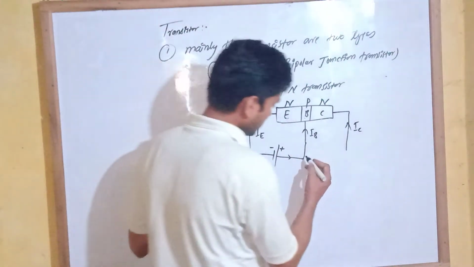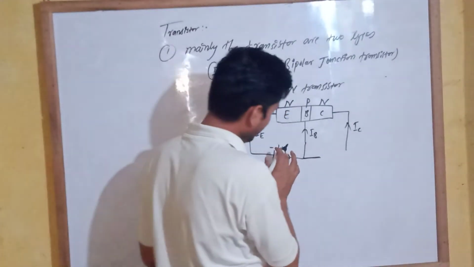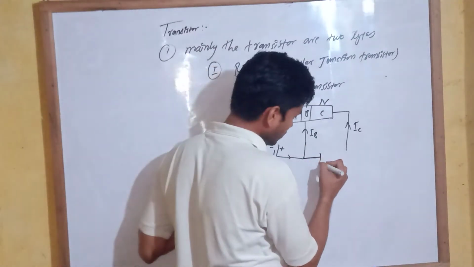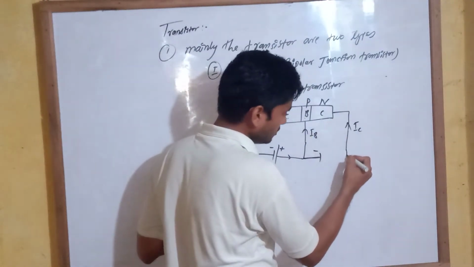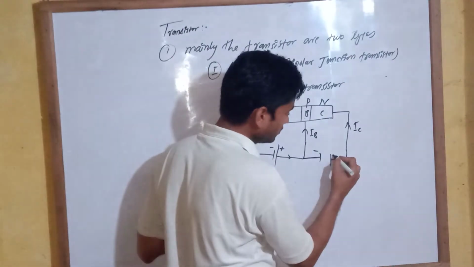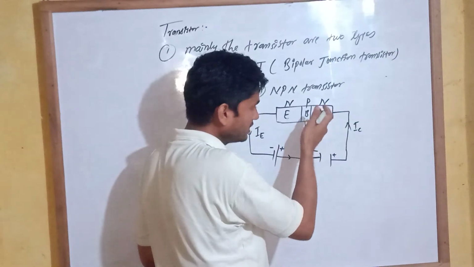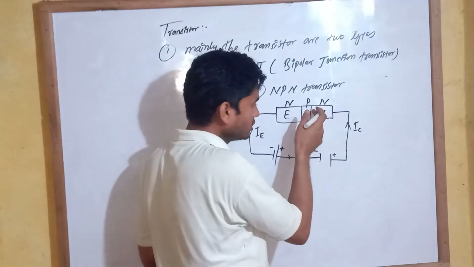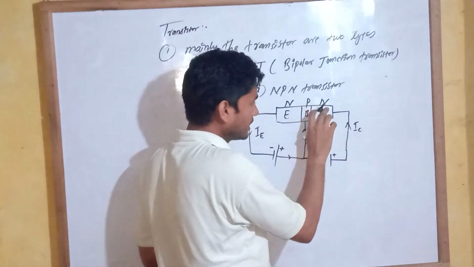And in the ray diagram of this portion, we have a positive sign from this portion and from this portion we denote our negative sign, because current flows this way by the conventional method, so we take a positive sign here. The positive sign repels the positive charge, and too many holes are present here. These holes are repelled by this positive charge, and a repulsion is created between them.